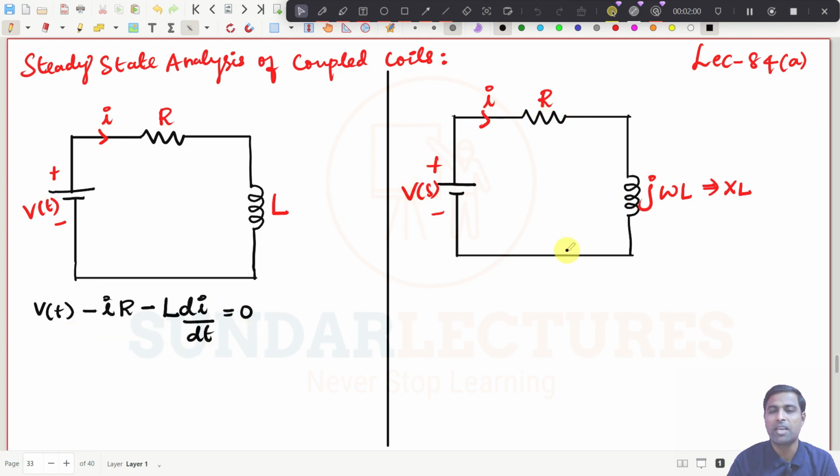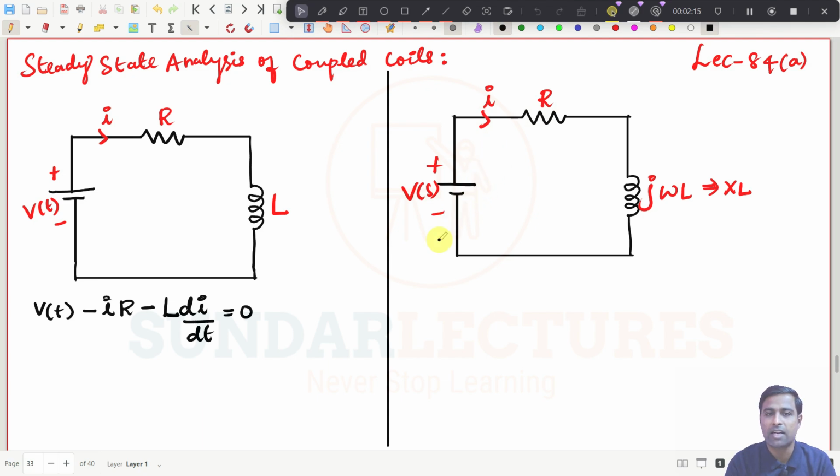Now if you come here, you can convert this L value into XL, if they have given you omega, that is 2 pi times the frequency, and you write the expression for this particular circuit.